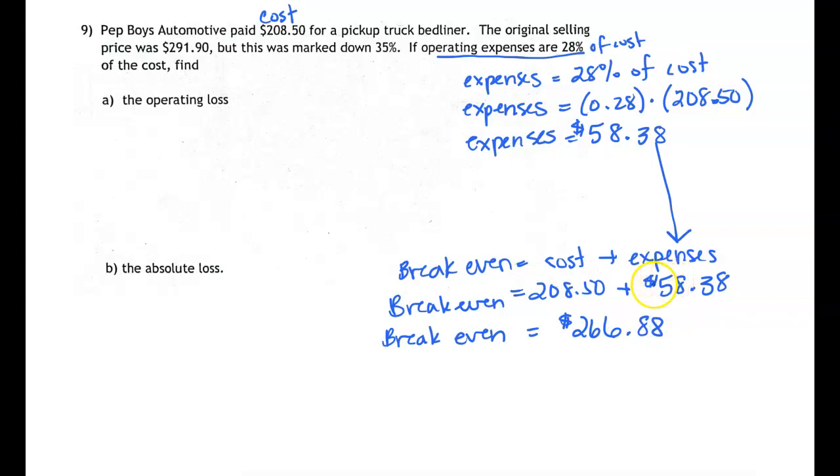There's one more thing we need to calculate to find out if we have a loss, and that's the sale price. To find the sale price, we know that it was originally going to sell for $291.90, but it was marked down 35%. Let me find the markdown amount. Our markdown is 35% of the original selling price.